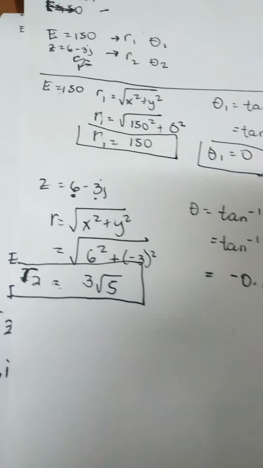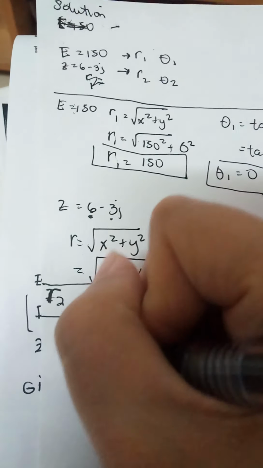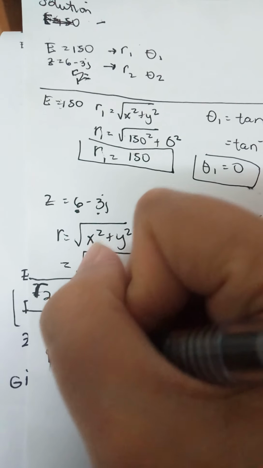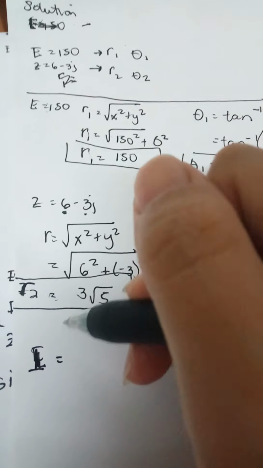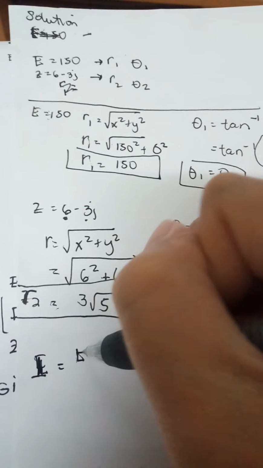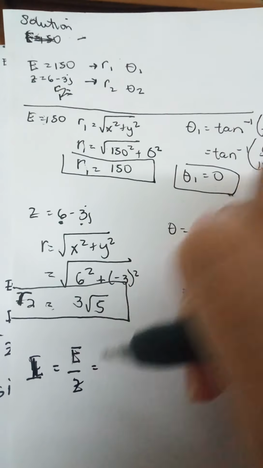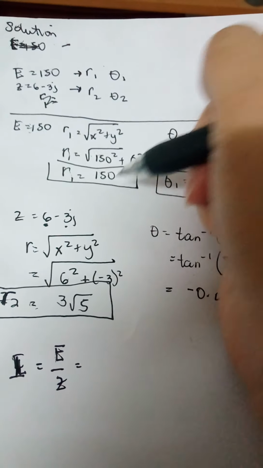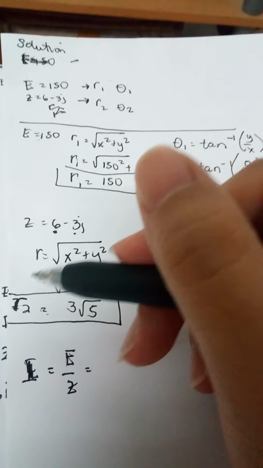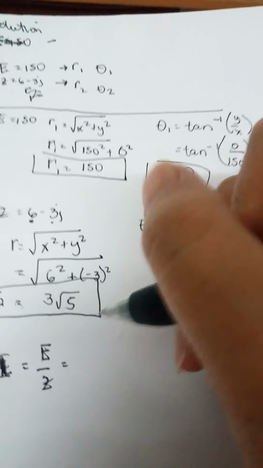So now, let us apply the formula of I. What's the formula that we derived? E over Z. So E is represented by R1 theta 1, and Z is R2 theta 2.